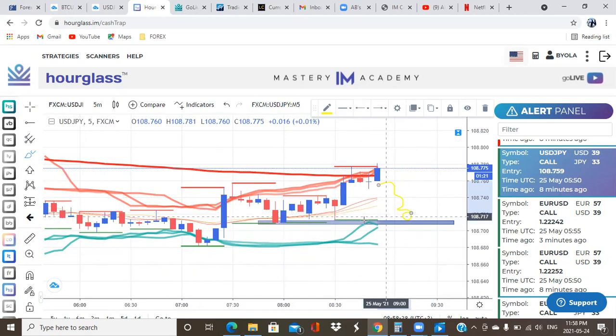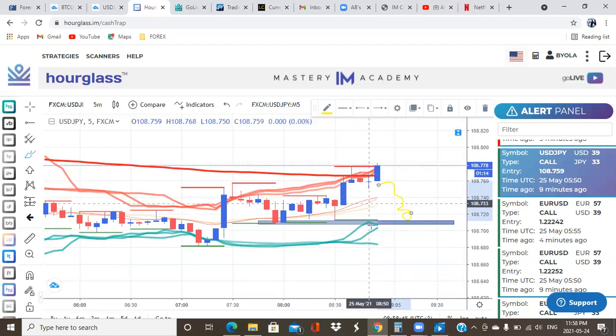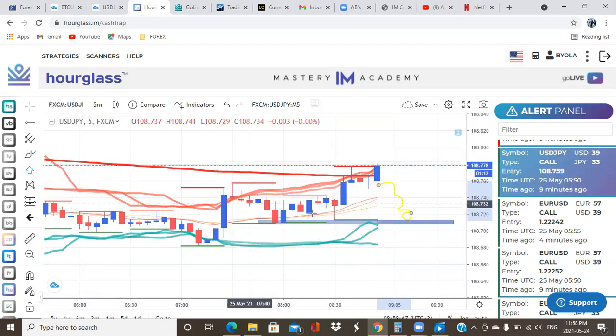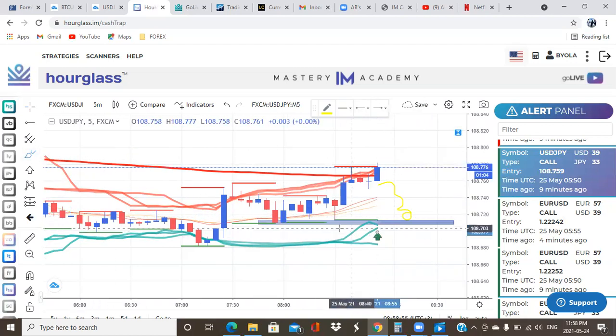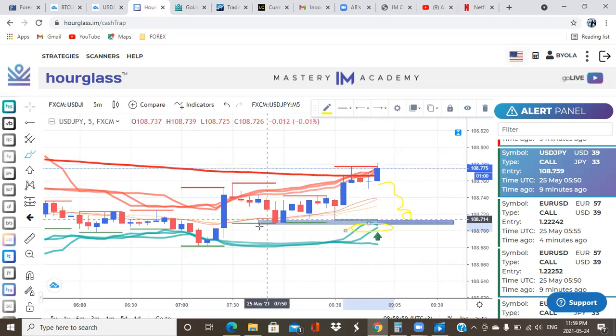Why? It's coming back to a support area. USD is stronger than the Japanese yen. If we get an up arrow here, boom, 2 points for us. Our third point will be our support area. The fourth point is going to be our lower Bollinger Band, because it's also forming as a support for us, right? The candle support is there, which is this green.